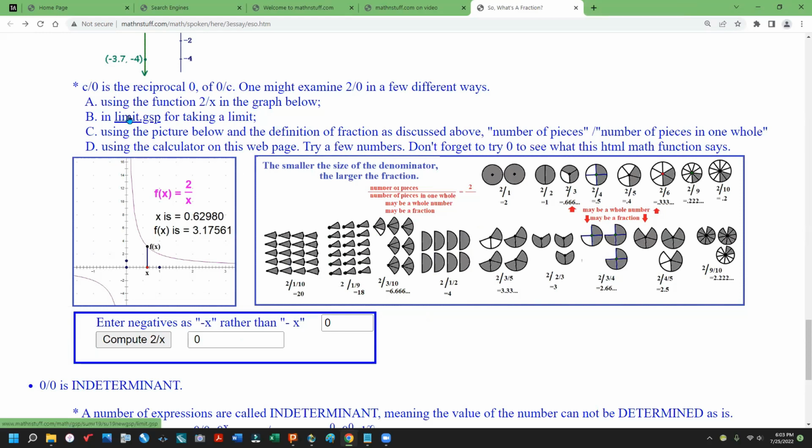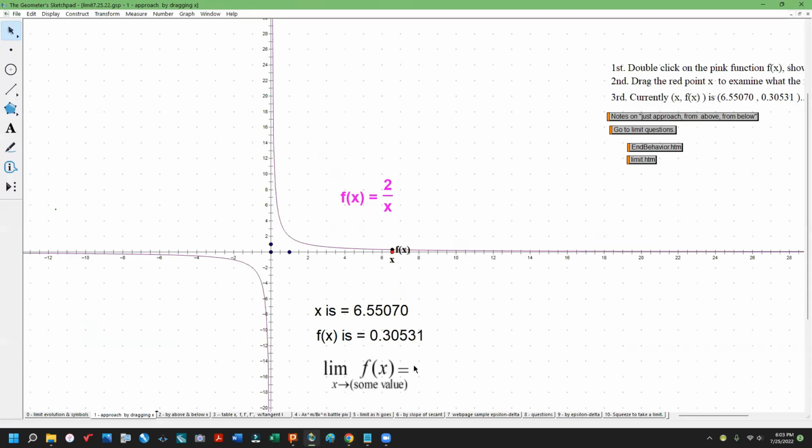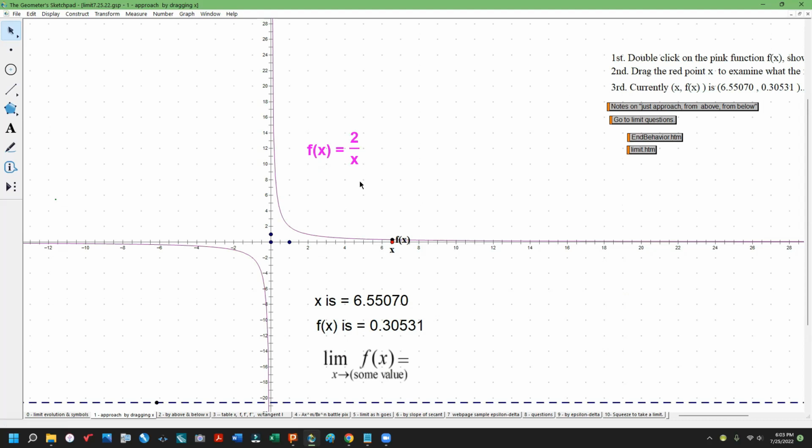We're going to use a limit geometry sketchpad. I already have it open, but you can click it and download it and keep it and edit it as you wish. I've taken the opportunity to change my function to 2 over x.